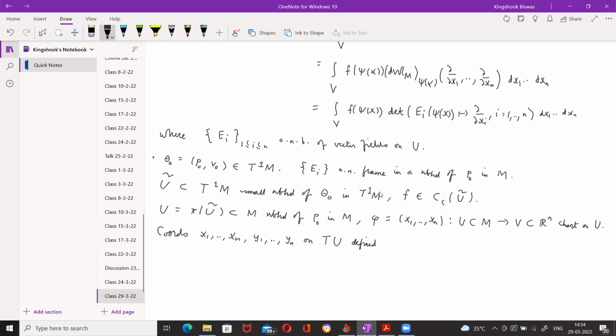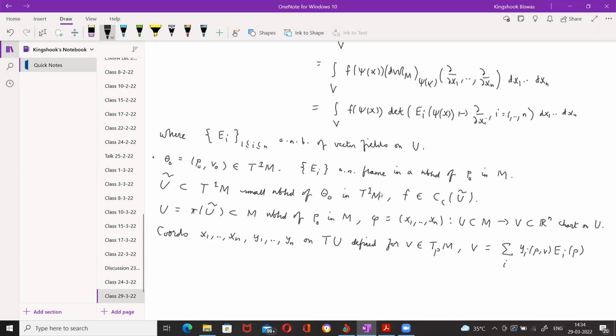So how do I write it? For v in T_pM, v is equal to the sum over i of y_i(p, v) e_i(p). All right. Is this clear? Okay.